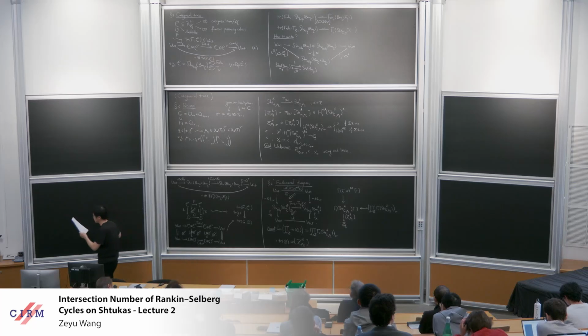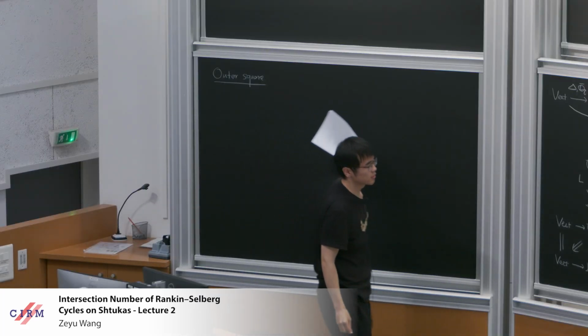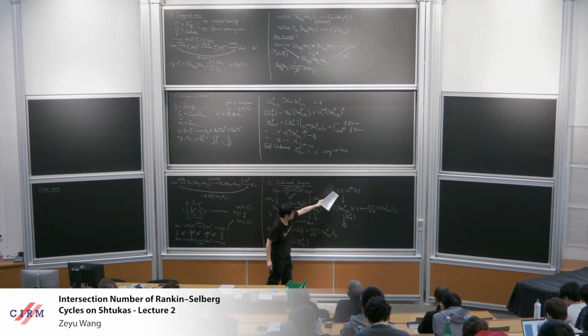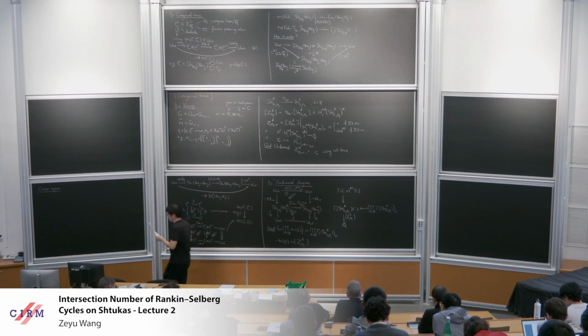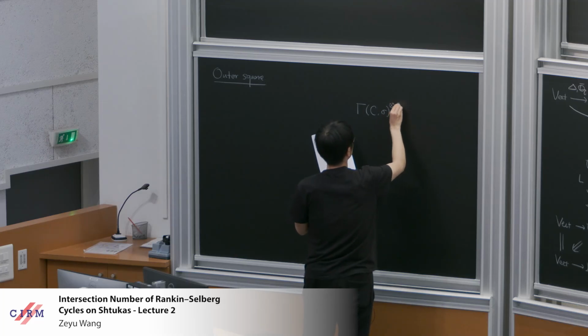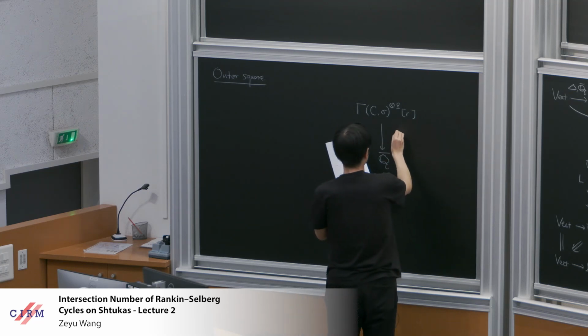Okay. So given this, let's see what it tells you about the isotypic part of the special cycle. That means you look at the outer square of this diagram, because eventually you just want to study the composition of these two. The sigma isotypic part of the special cycle should be a map between vector spaces of this form.